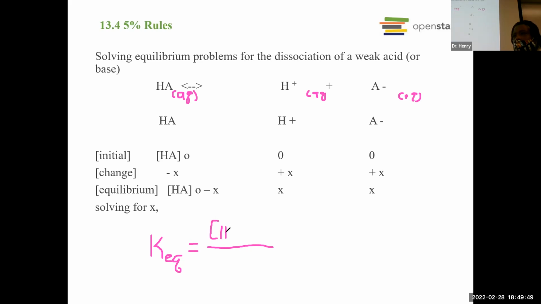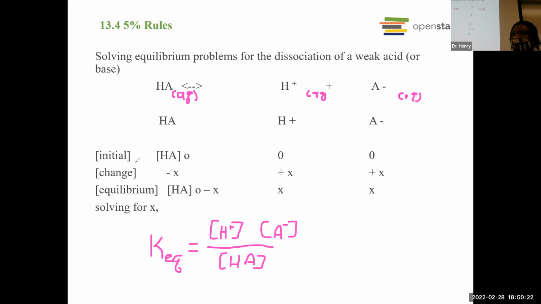So H plus, concentration of H plus to the first power, so it's understood to the first power, times the concentration of A minus over HA. Okay, so that would be our equilibrium expression, right? This is how we write our equilibrium expression.